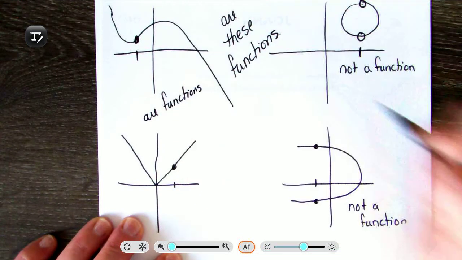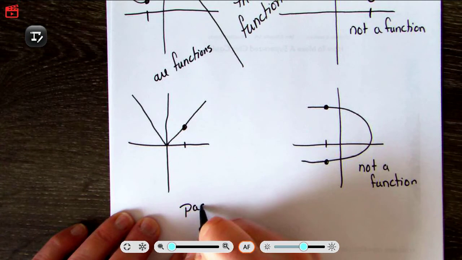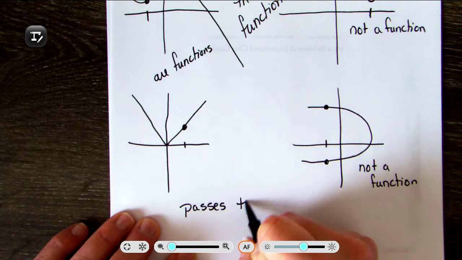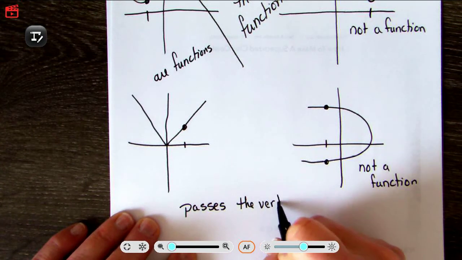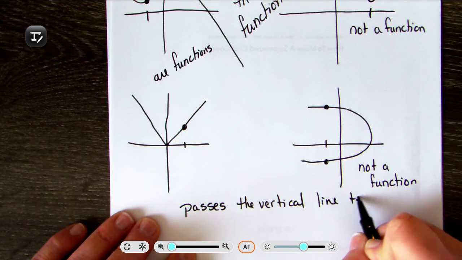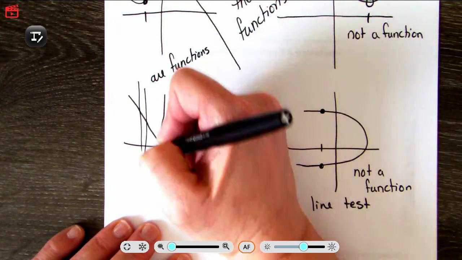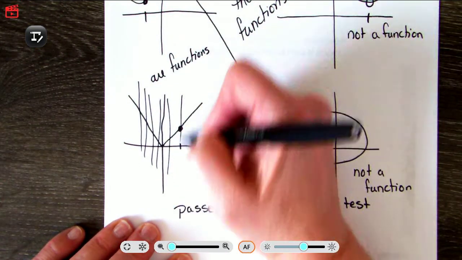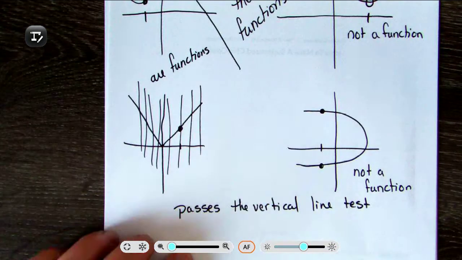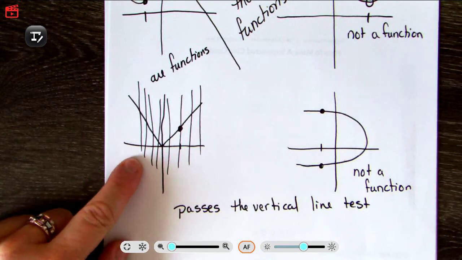So how can we tell? The rule is if it passes the vertical line test. If you have a graph and you can put a vertical line through any part, so vertical lines go up and down, and it only crosses the graph one time, it will be a function.